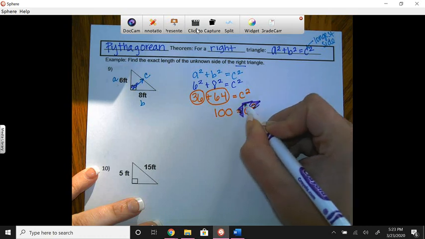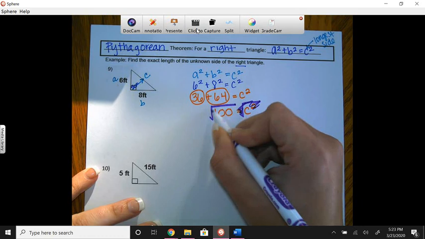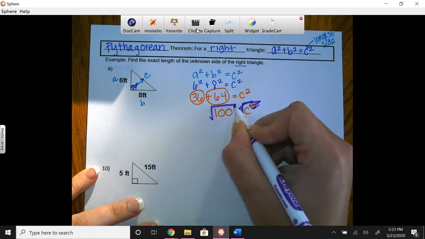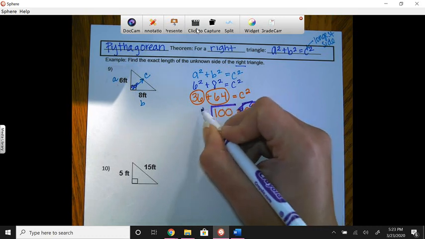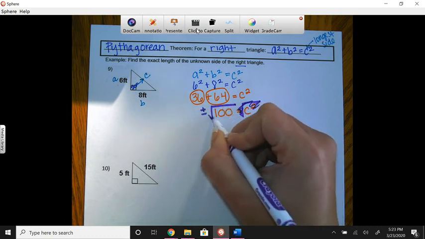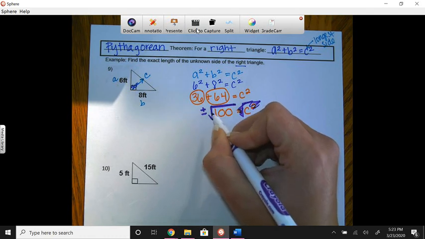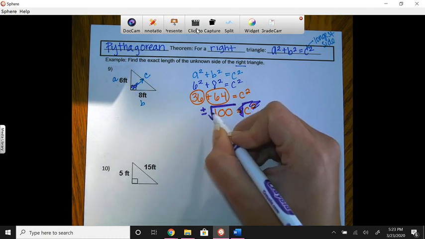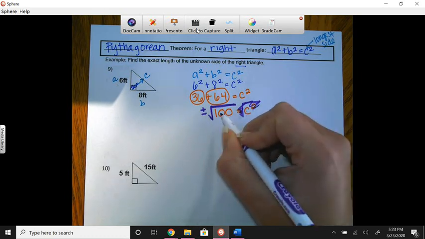So whatever I do to one side, I have to do to the other side. Now when I put this square root into a problem, you're going to learn in the next chapter that you need to put plus or minus whenever you enter into the problem a radical that wasn't already there. The reason being is 10 squared is 100 and negative 10 squared is also 100.